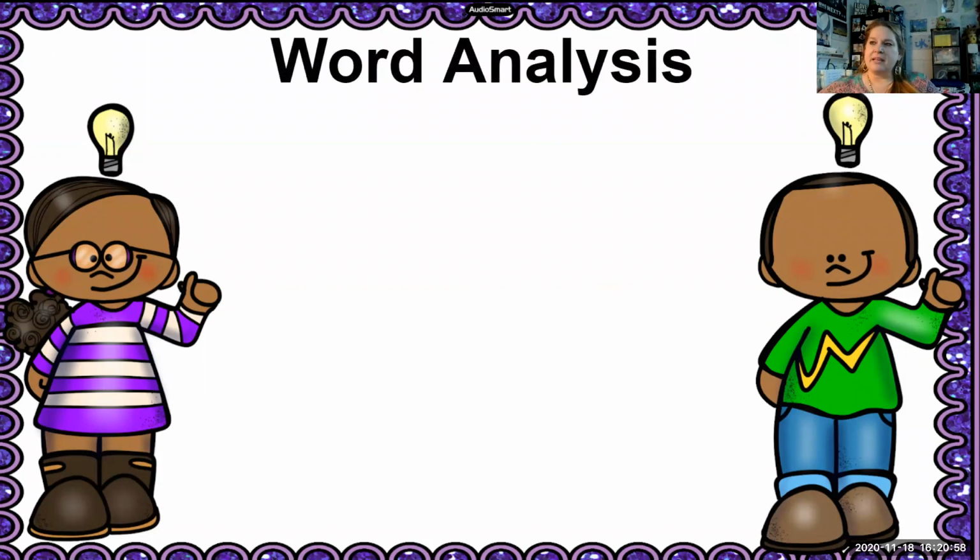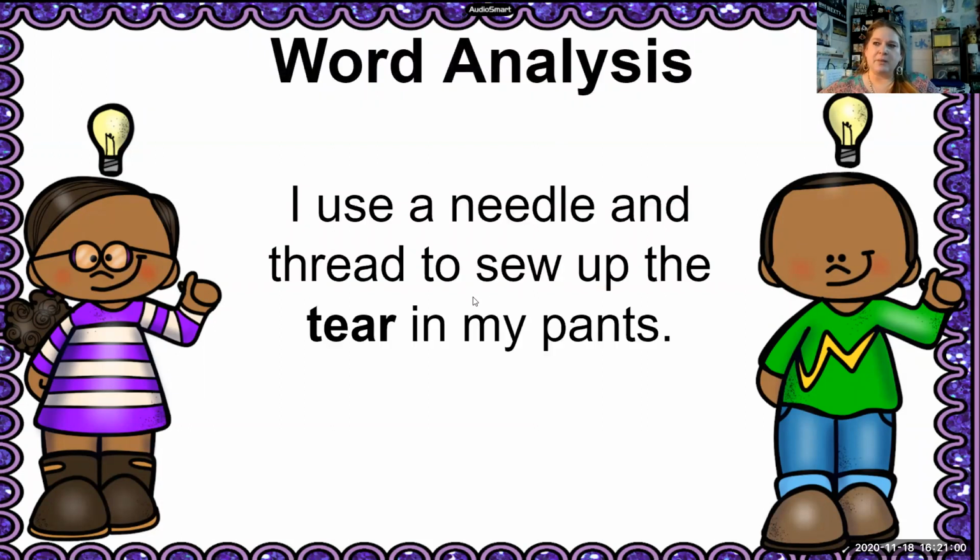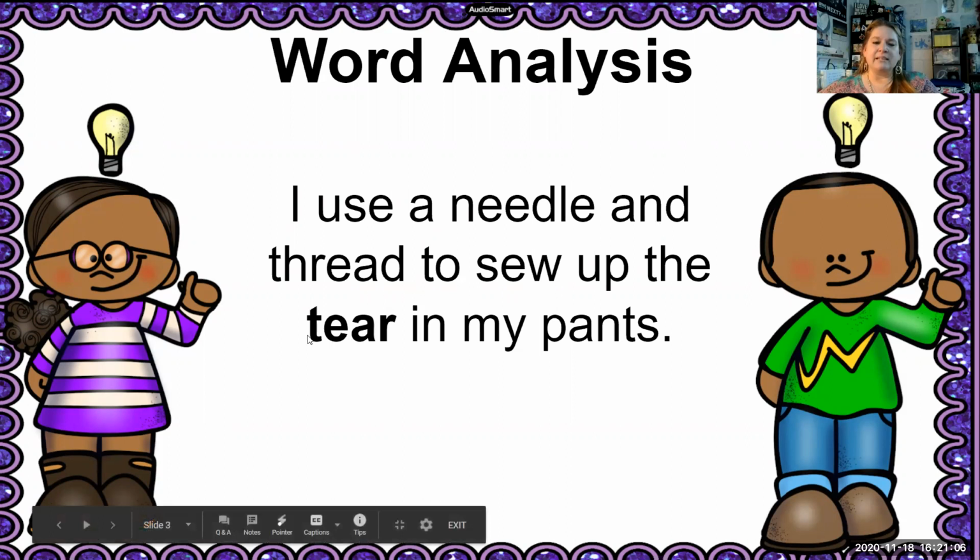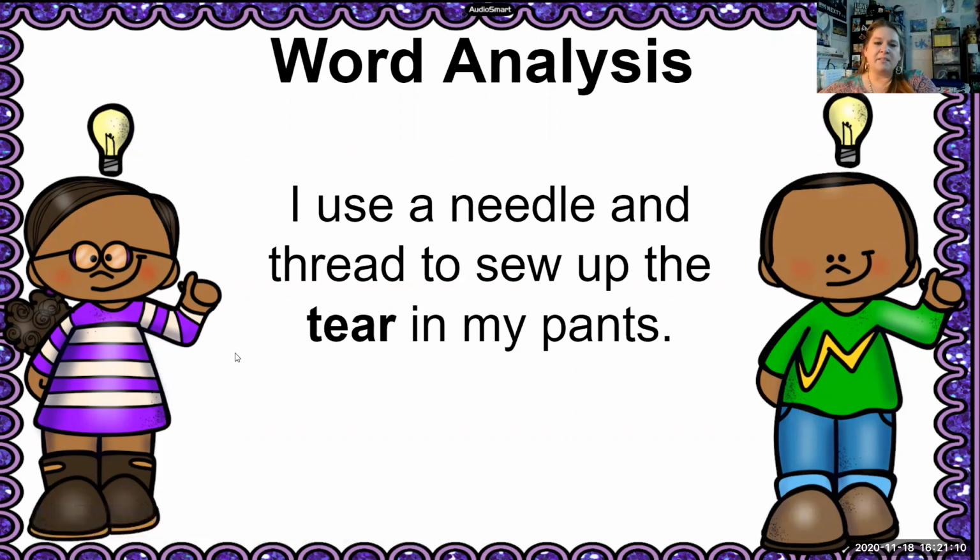Okay, so this time we're going to use the same sentence, but we're going to focus on a different word. Instead of needle, this time we're going to focus on tear. I use a needle and thread to sew up the tear in my pants. How many syllables are in the word tear? There's 1 syllable. Tear. There's only 1 vowel sound in that word.